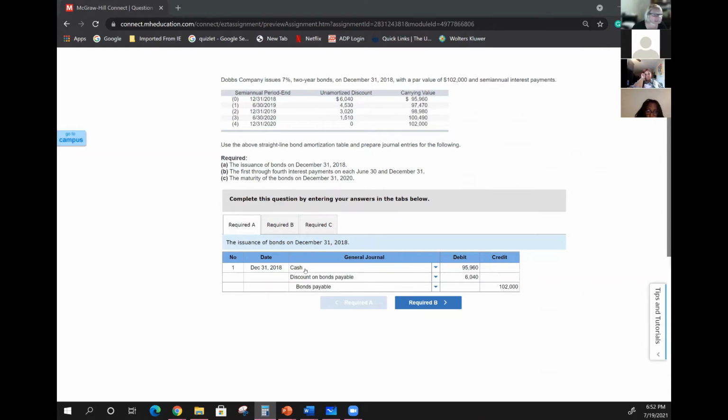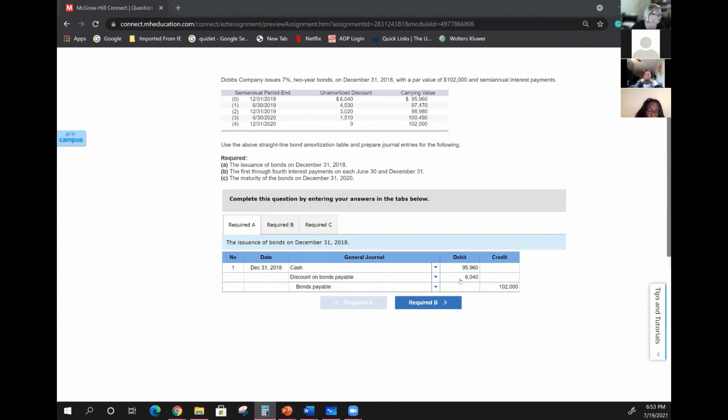The cash is what I actually received. This schedule is showing that I received $95,960. So it's less, you have a discount. The difference is my discount on bonds payable. So it's $6,040.